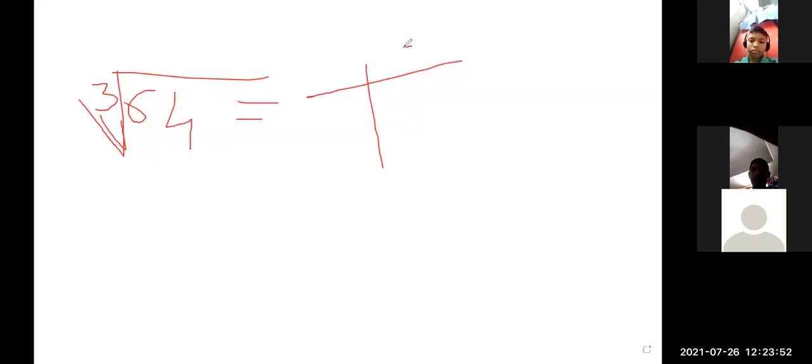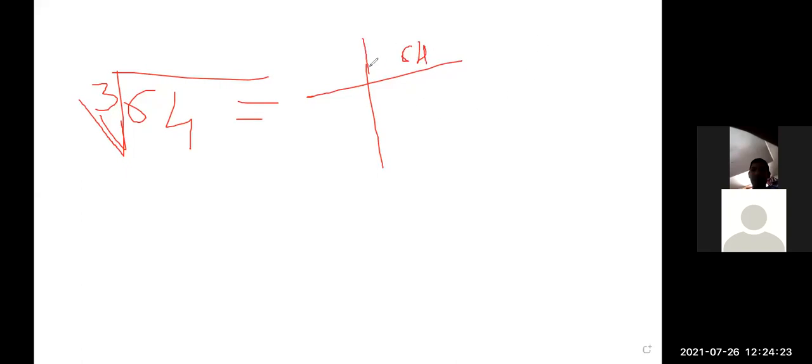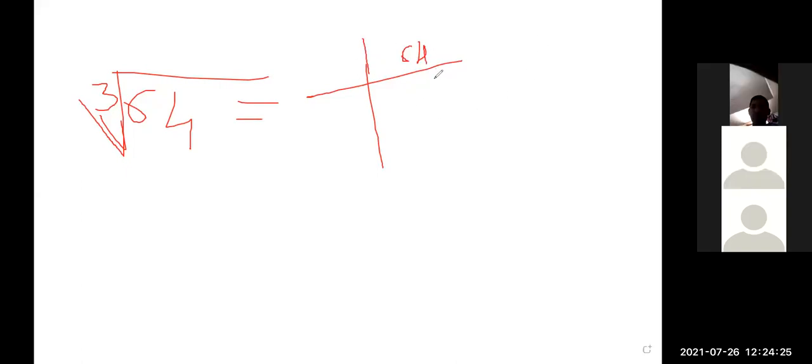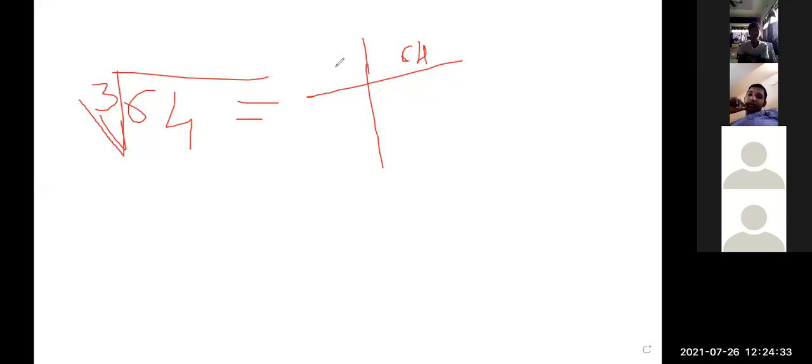See, we have to find the cube root of 64. What do we have to find? The cube root of 64. So first of all, you have to make its factors.